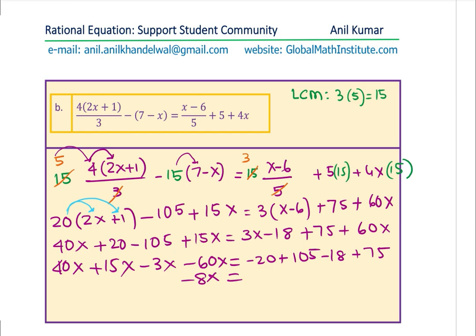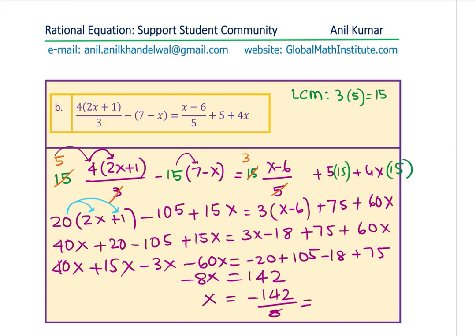You can add and subtract. When you do that, you get 142. And therefore, x is again negative this time. So when you divide anything by a negative number, positive and negative makes it negative. So we have 142 over 8. And this could be simplified. And you could write this in decimals, correct?